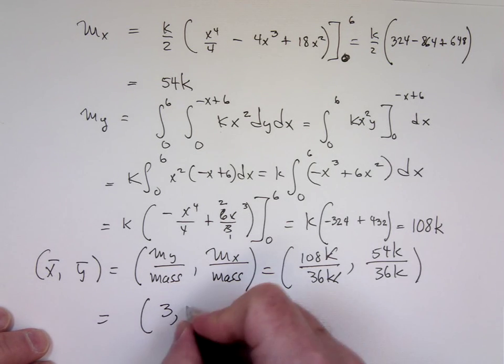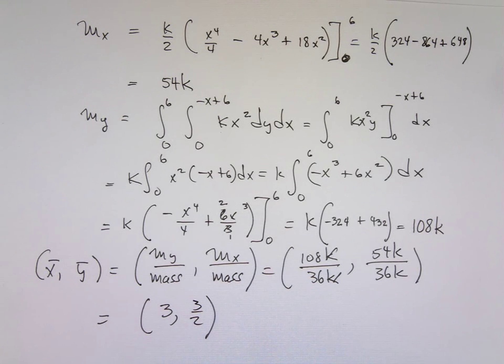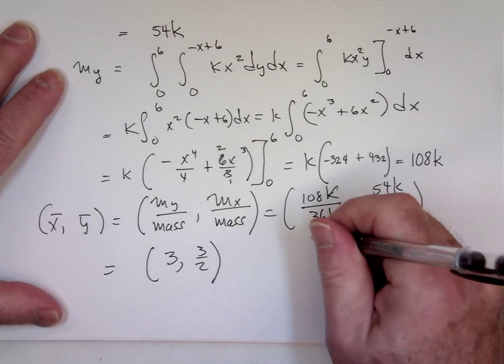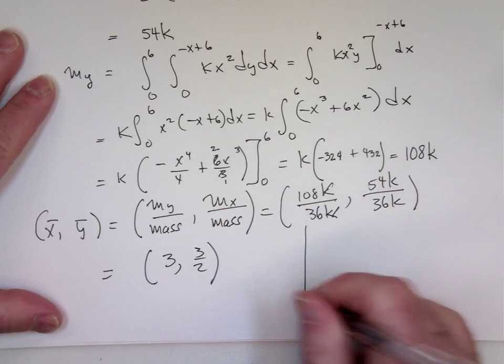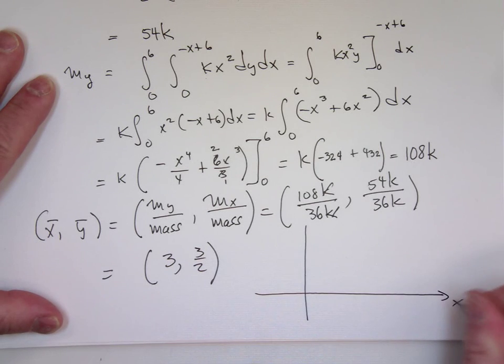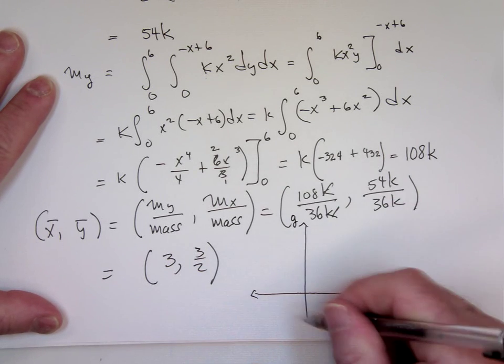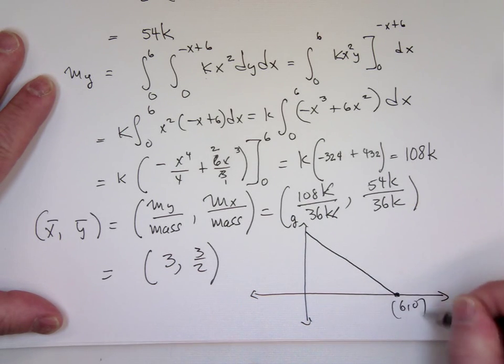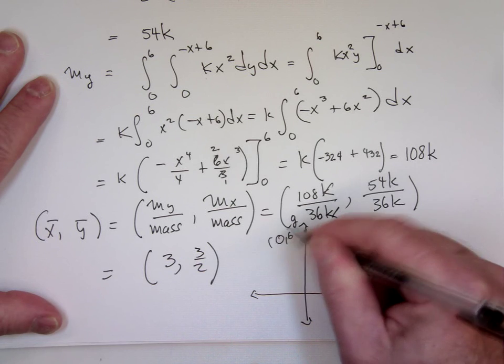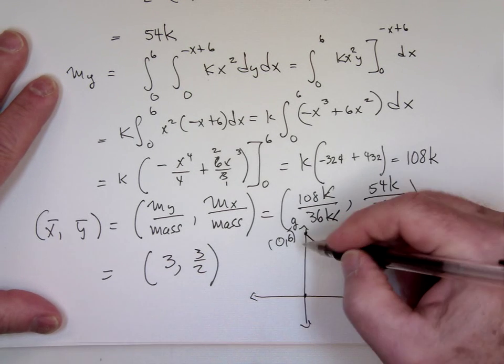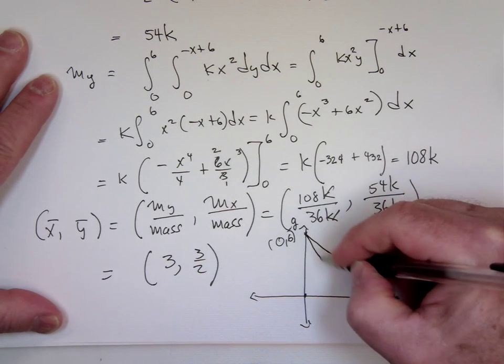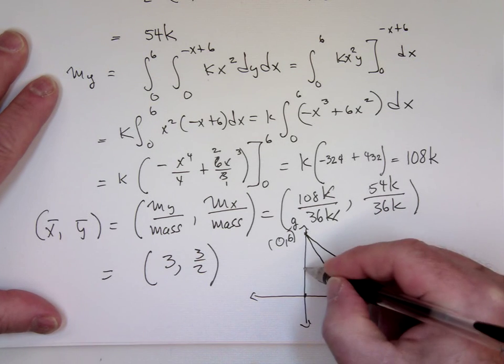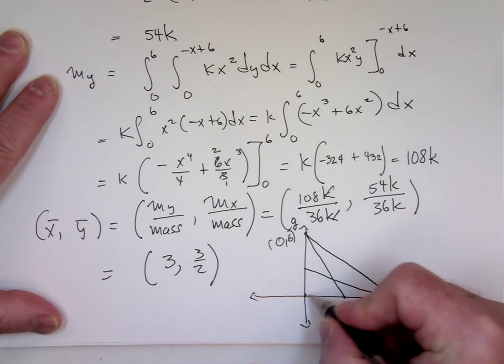Now, is this reasonable? Let's see. If we go back to the original, here we are. And we had three medians, here, here, and here.